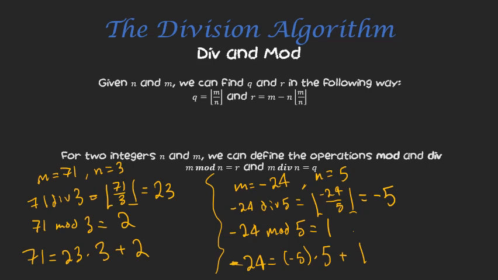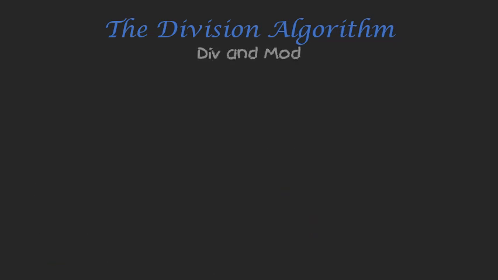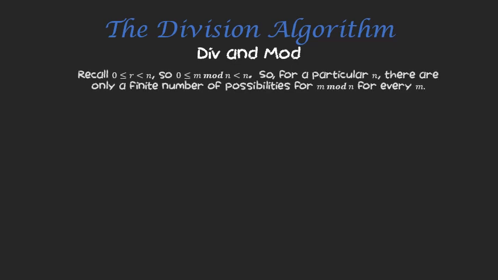All right, so how can we use this? Well, we'll actually be able to use this to prove some stuff. So let's check that out. So why is this helpful? And mod in particular is going to turn out to be very helpful. So recall in the division algorithm and therefore the outputs of div and mod that the remainder is always between 0 and n, exclusive on the n.